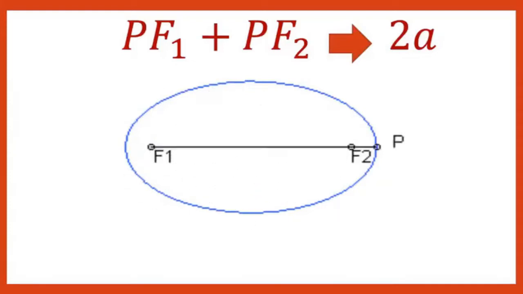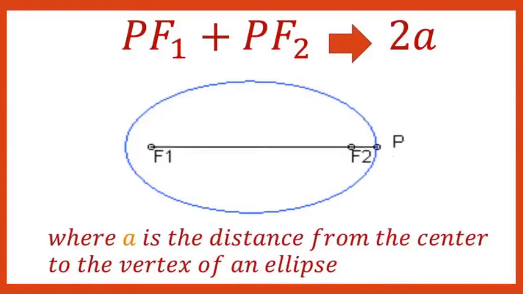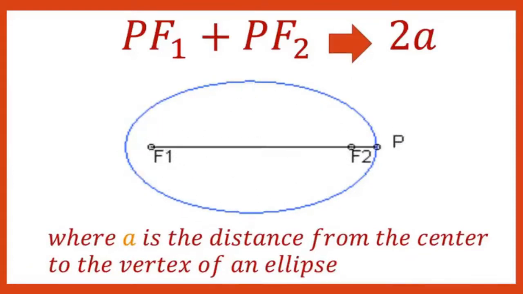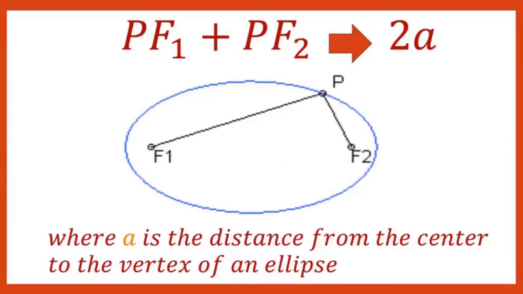And a is the distance from the center to the vertex of an ellipse. So kung dun sa ellipse ay sum of the distances is equals to 2a, sa hyperbola, the difference of the two distances, any point on the hyperbola from the foci is equals to 2a also. So dito is sum sa ellipse, sa hyperbola is difference.